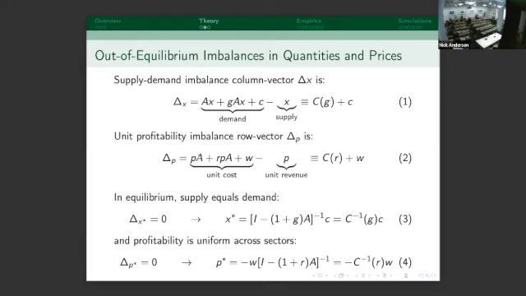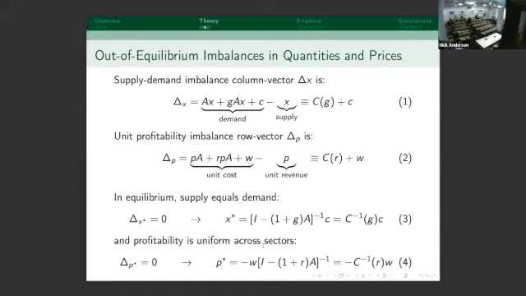And then the profitability imbalance is basically the unit costs in intermediate goods. Then this is the profits. These are the wages or unit labor costs. And this is the unit revenue. And there should be a price here, I forgot to add it. This C matrix is just an extension of the A matrix of input-output coefficients, basically the one governing this complex structure of price-quantity interactions from one industry to all the other industries of the economy.